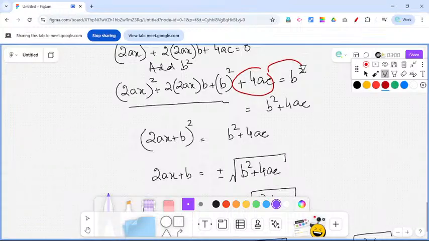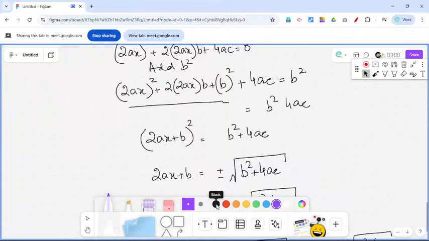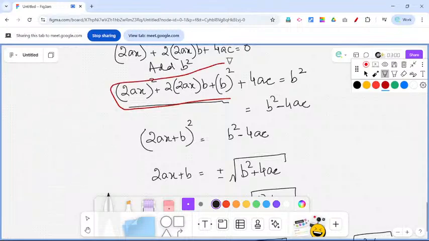So I rectify it, this should be b² minus 4ac. और लेफ्ट साइड में क्या है मेरा, लेफ्ट साइड में this is my algebraic identity which is (a + b) का whole square.